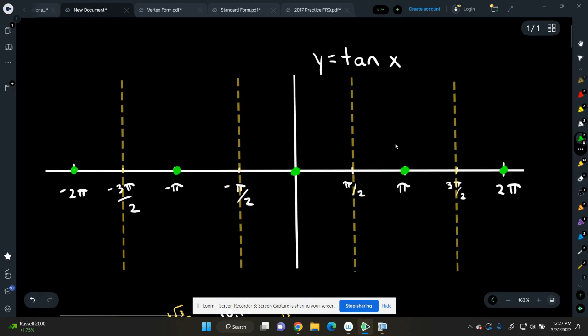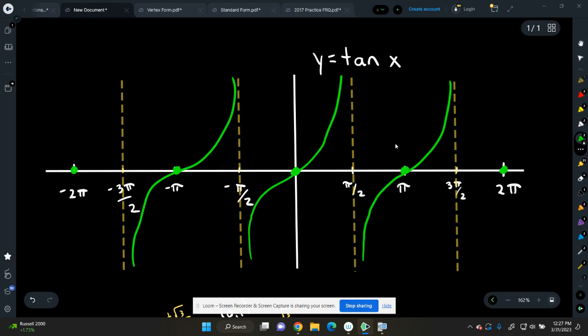The rest of it, I'm just going to tell you what the shape is because, like I said, I just want you to recognize it. They almost look like little cubic functions, kind of. So it actually looks like this. And it's going to keep doing that same thing over and over again, every pi units. So it goes from pi over 2 to pi, and every pi over 2 we get half the curve.